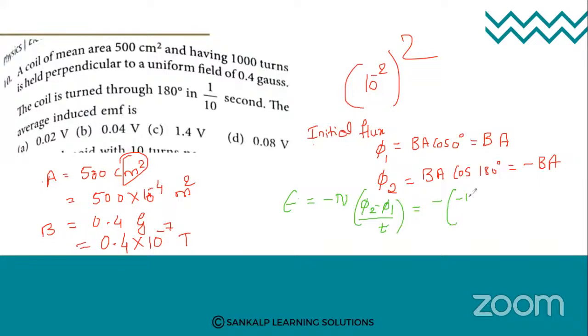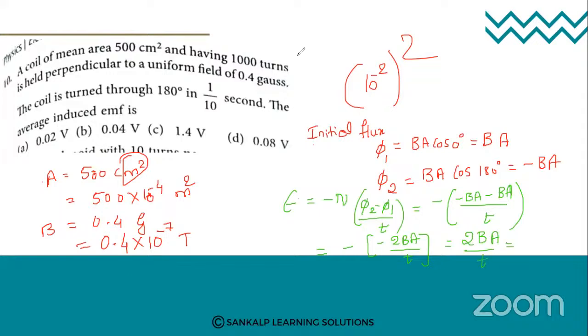Phi2 is minus BA, minus phi1, which is just BA, upon time. So minus BA minus BA will be minus 2BA. So this will be minus into bracket minus 2BA upon T. So minus into minus now becomes plus. Then what remains is 2BA upon T.